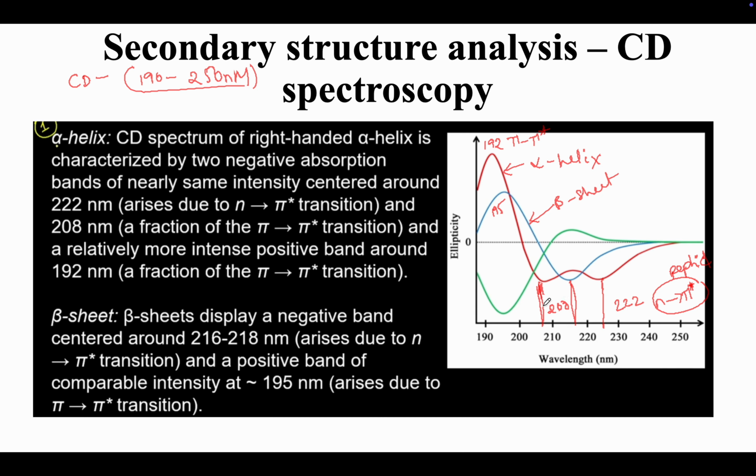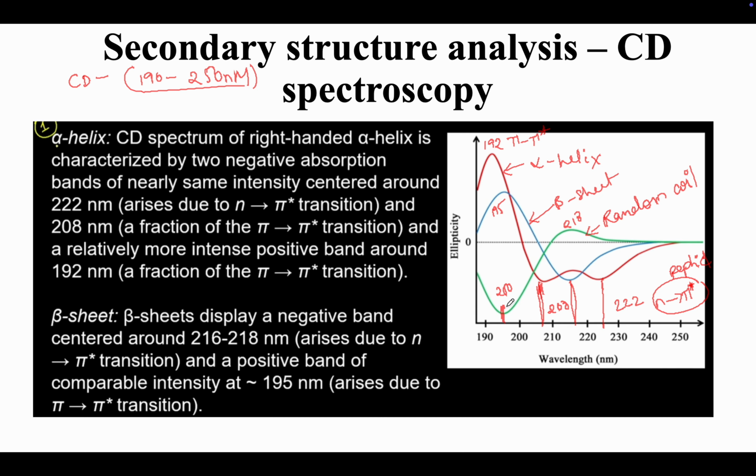This green color is for the random coil. We have one positive peak at 218 nanometer, and a negative peak around 200 nanometer.